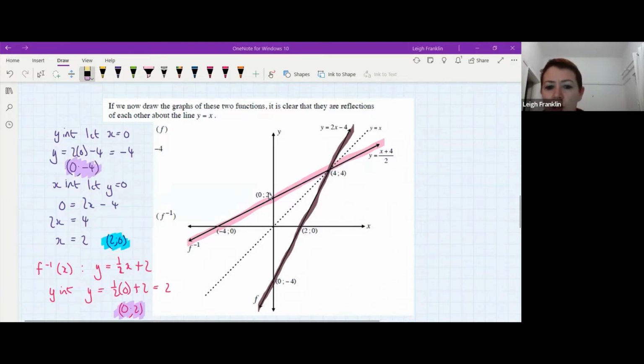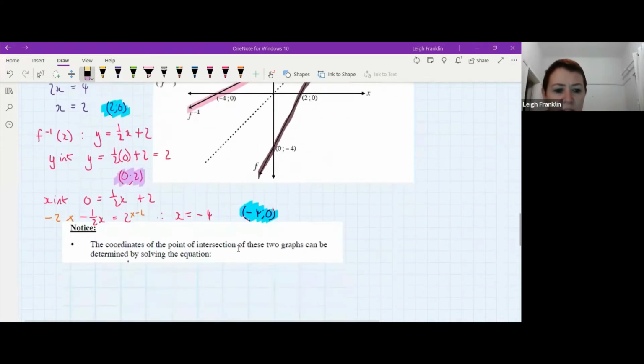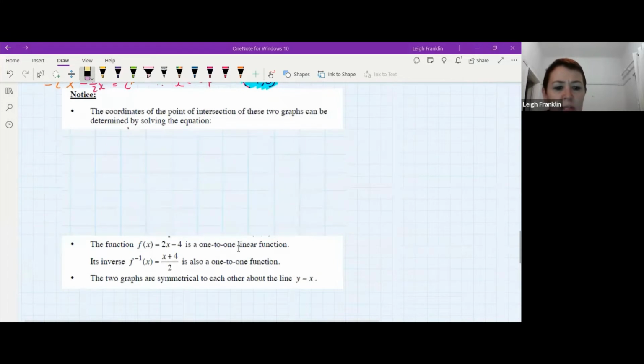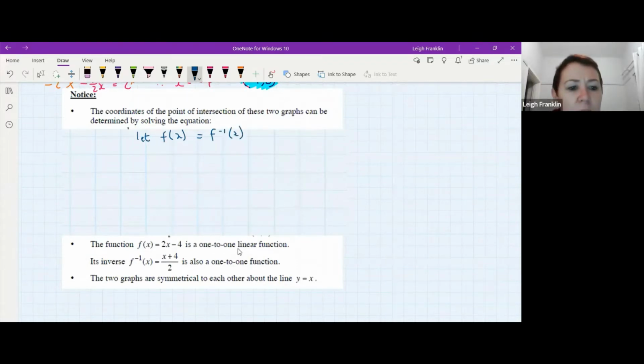We would let f of x, and you don't have to write this, I'm just writing it for you, be equal, so 2x minus 4 would have to be equal to half x plus 2.